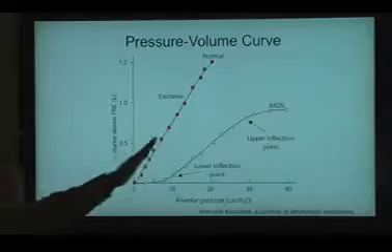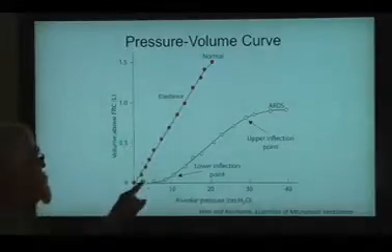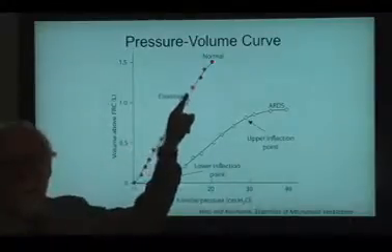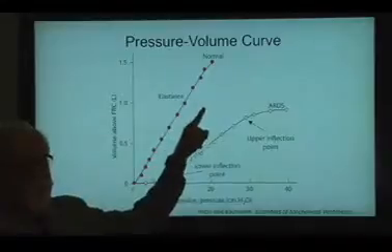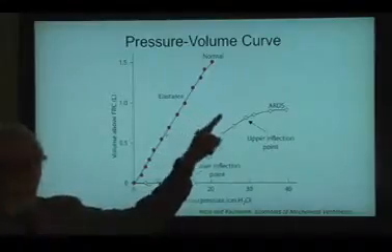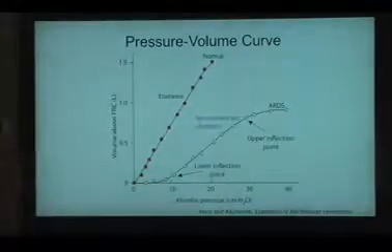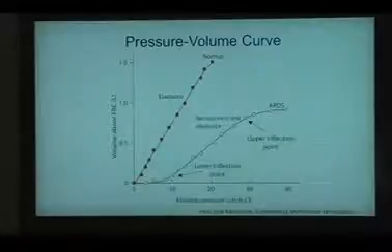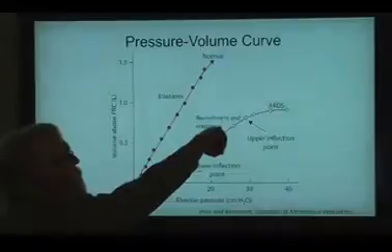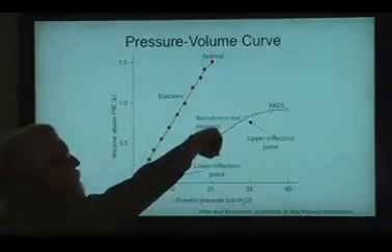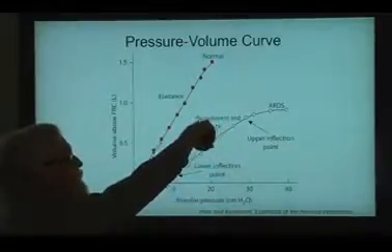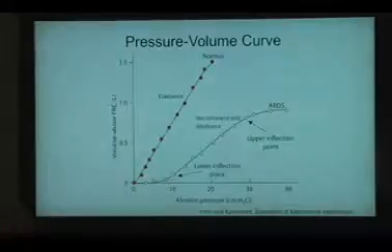In the normal pressure-volume relationship, this shape is determined primarily by elastance, the elastance of the lungs and the elastance of the chest wall. Whereas in a mechanically ventilated patient with ARDS, the shape of this curve is determined not only by elastance, but to a large extent by alveolar recruitment.